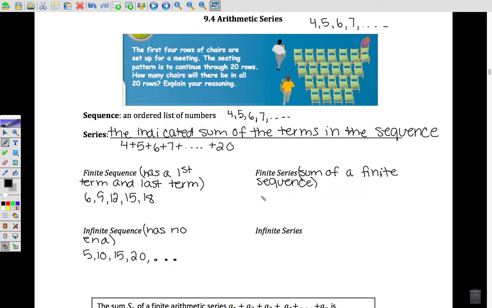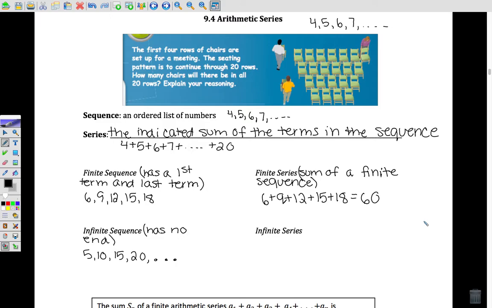So in this case, the finite series that goes along with the sequence is 6 plus 9 plus 12 plus 15 plus 18, which gives you a total of 60. So we can evaluate that finite series.